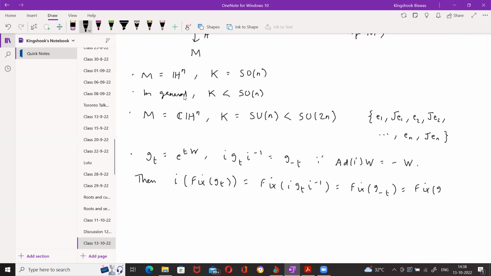That means i preserves the set of fixed points of g_t. So this implies that g_t cannot be parabolic, because i has no fixed points on the boundary.